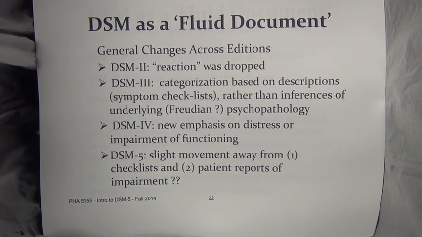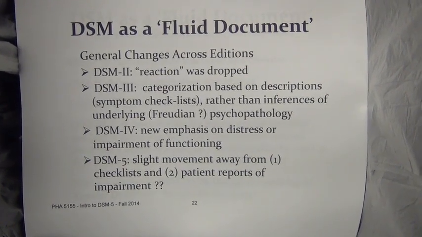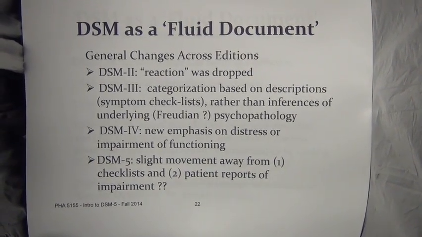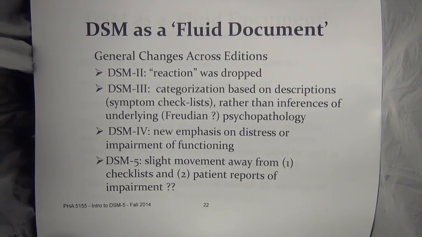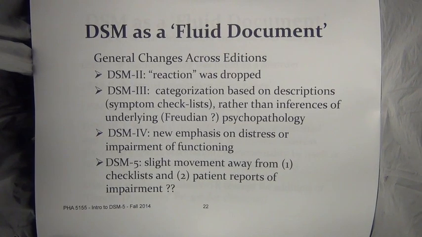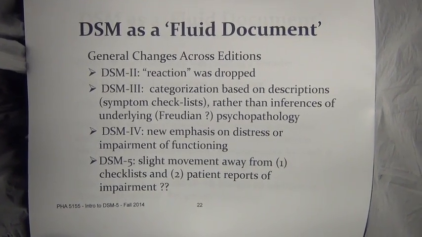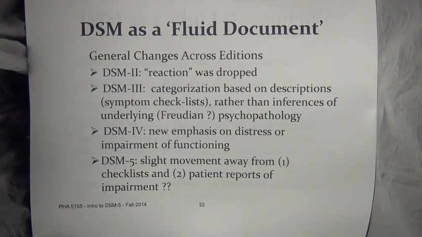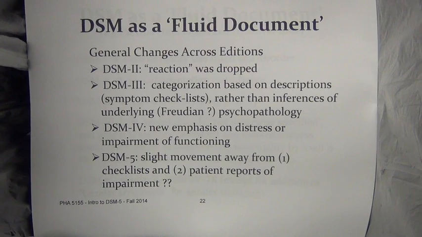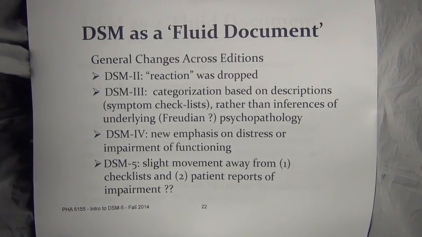In 1980, when DSM-3 came out, there was a movement to sort of become way more empirical. And so rather than talk about this, that, and the other thing in the history, sort of less Freudian, it became, tell me the symptoms. Give me the list of symptoms, and if it matches the list of symptoms, then you have reason to suspect that they have that disorder. DSM-4, when it came out, really emphasized distress and impairment of functioning.